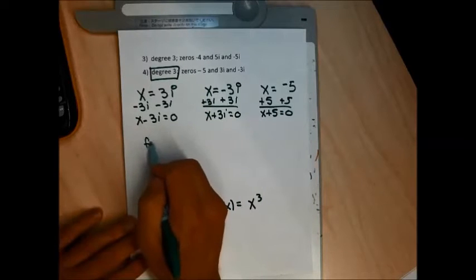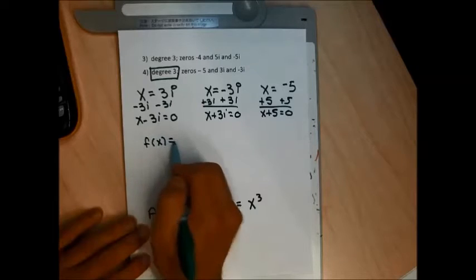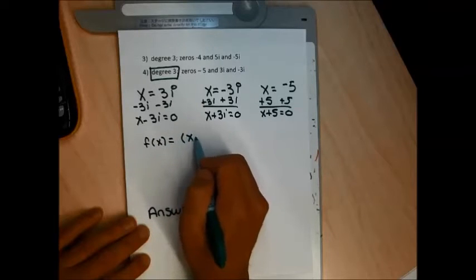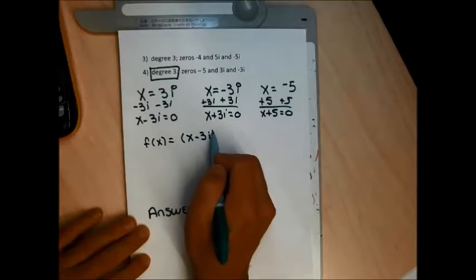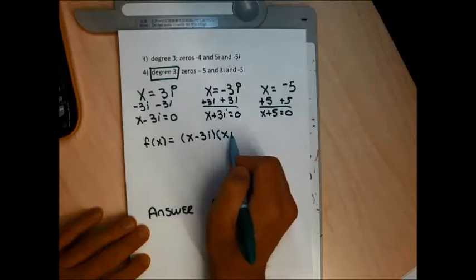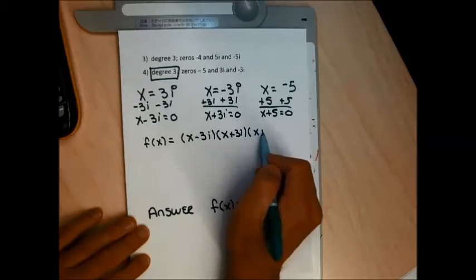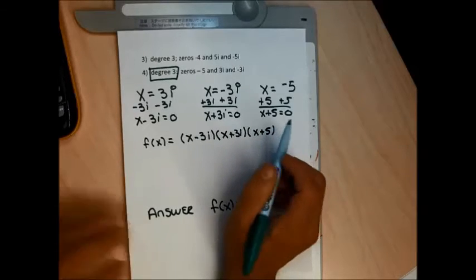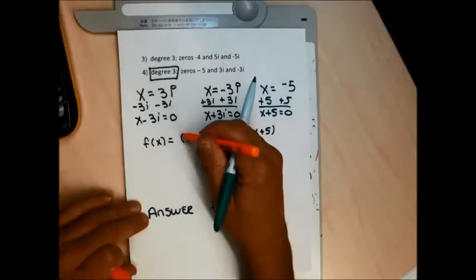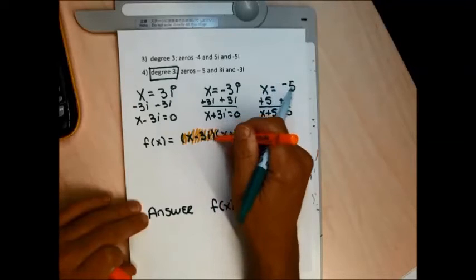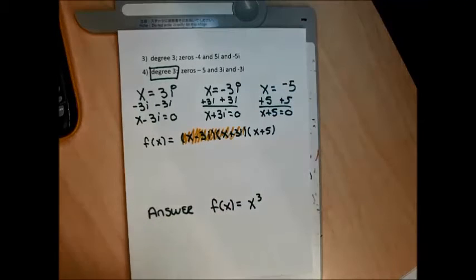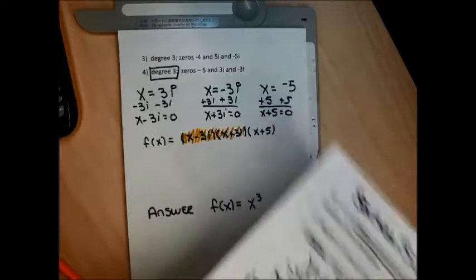So my polynomial, f of x, is going to be equal to (x minus 3i) times (x plus 3i) times (x plus 5). I'm going to start off by FOILing these. You did that when you did problem 1, but I didn't do that.